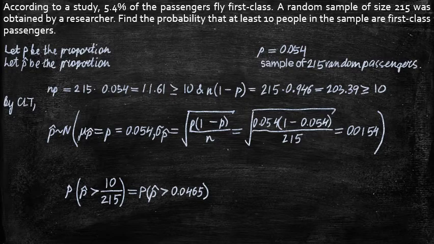We can standardize this variable as the distribution is normal and use the z-table, then the answer would be 0.6879, or we can just use technology right away, and then the answer will be slightly different, 0.6869.